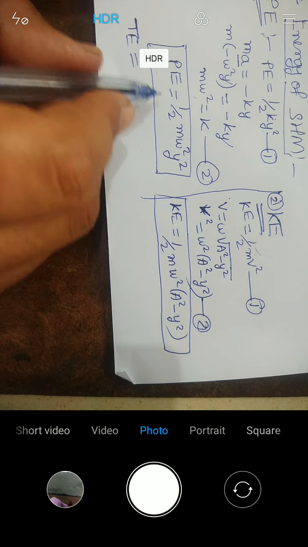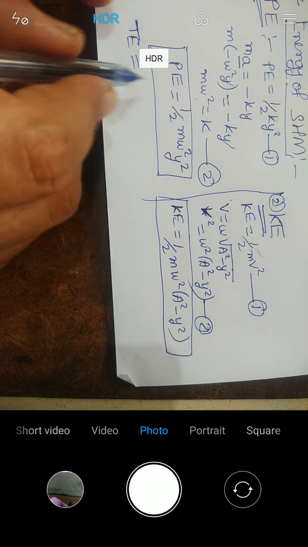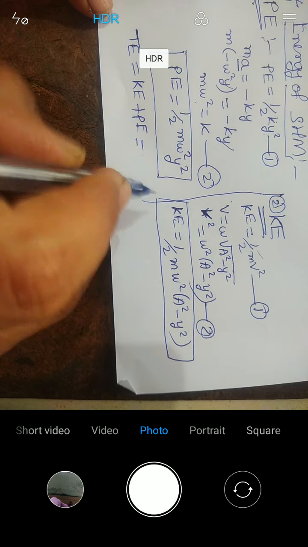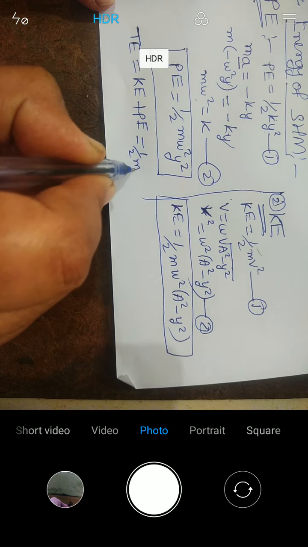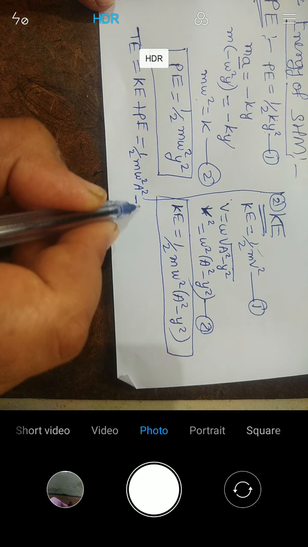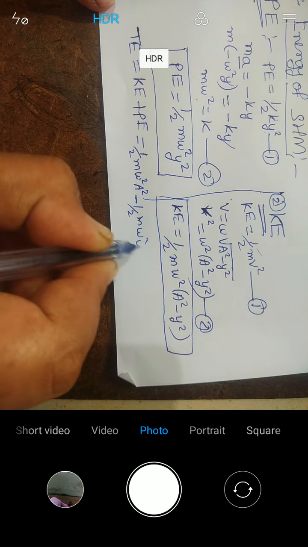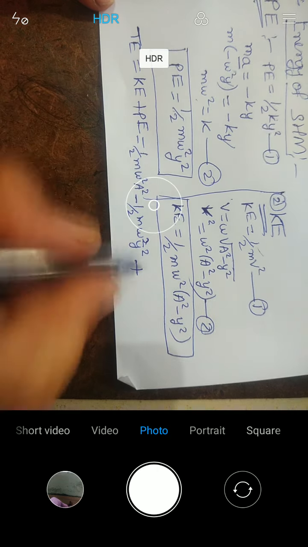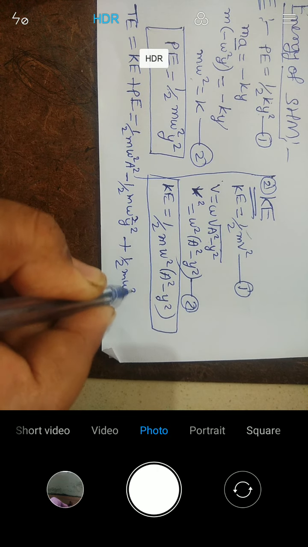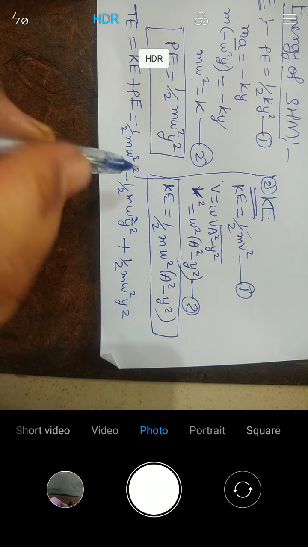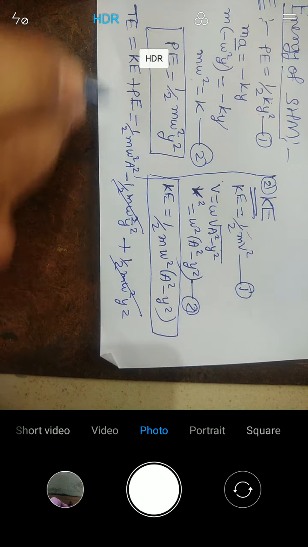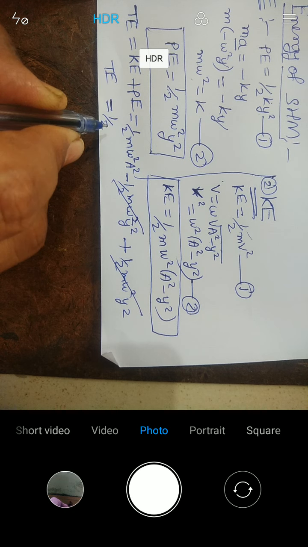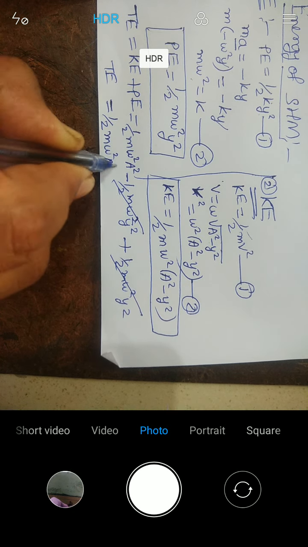The kinetic energy I will write as half m omega square a square minus half m omega square y square, plus the potential energy, 1 by 2 m omega square y square. The plus and minus terms get cancelled. Therefore, the total energy is equal to 1 by 2 m omega square a square.